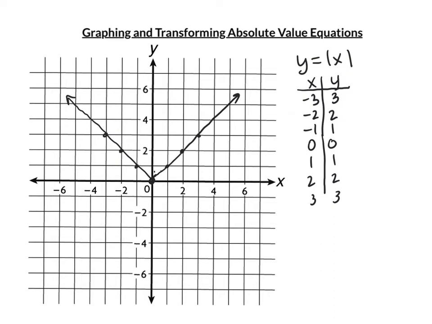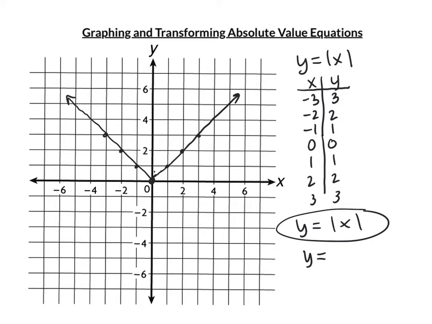Note that when you say the absolute value of x, y is always positive. There's no way to make y negative unless maybe I put a negative in front of the absolute value. But really what's going on is this is two equations all wrapped in one.